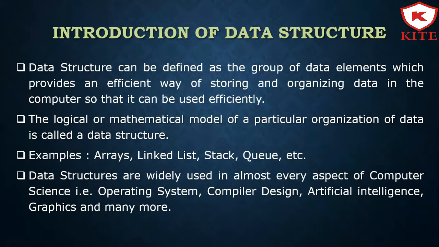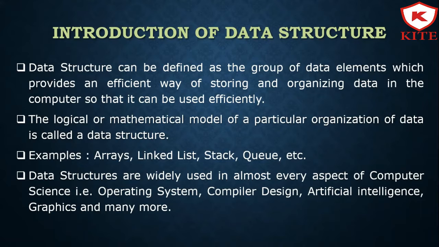More precisely, a data structure is a collection of data values, the relationship among them, and the functions or operations that can be applied to the data. Some examples of the data structures are array, linked list, stack, queue, etc.